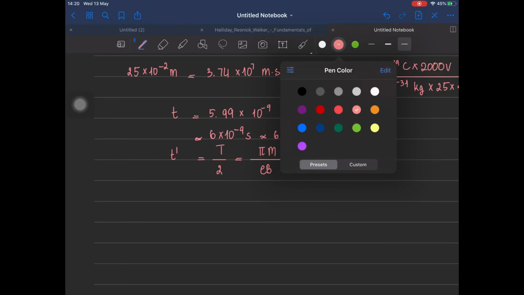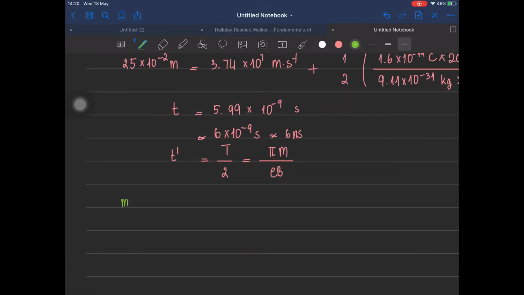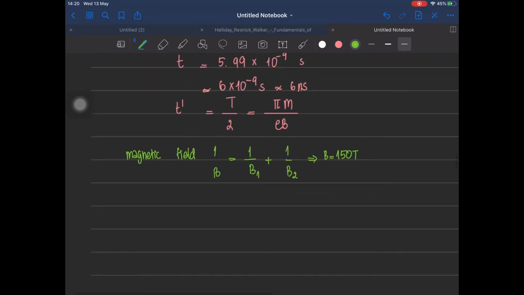So now you're finding the magnetic field. B is equal to, this way around, sorry. So B is equal to 150 tesla.